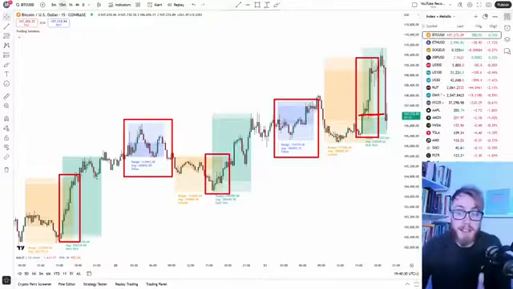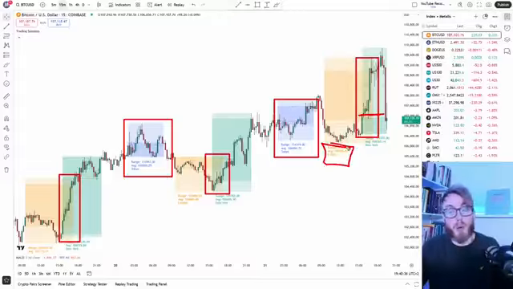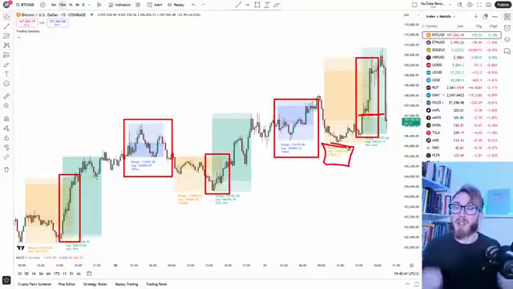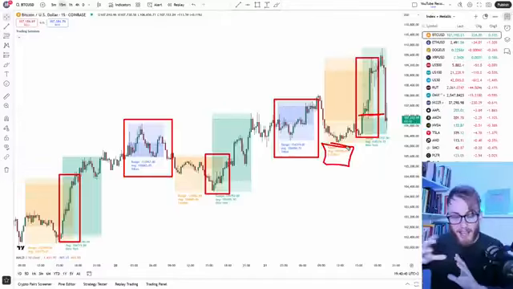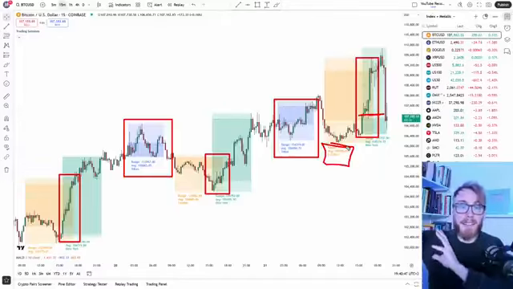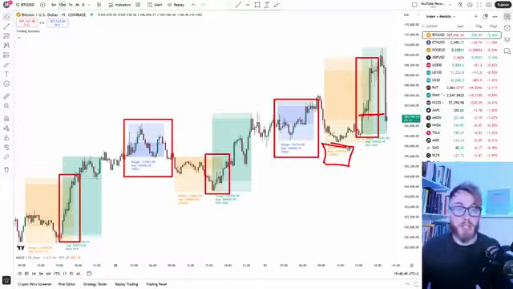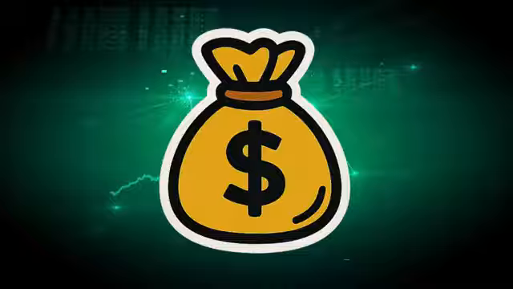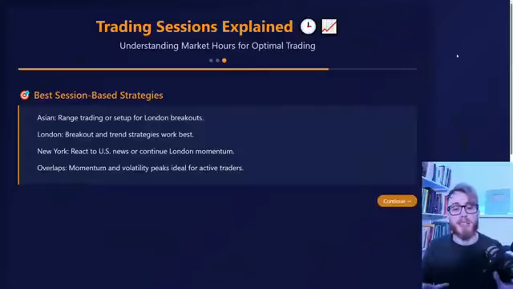Or maybe you realize that the breakout trades work better after the London session closes, and so on and so on. Trading and technical analysis is much about testing your strategies. And trading sessions is basically an additional tool you can use to potentially improve your strategies, and as a result, make more money.